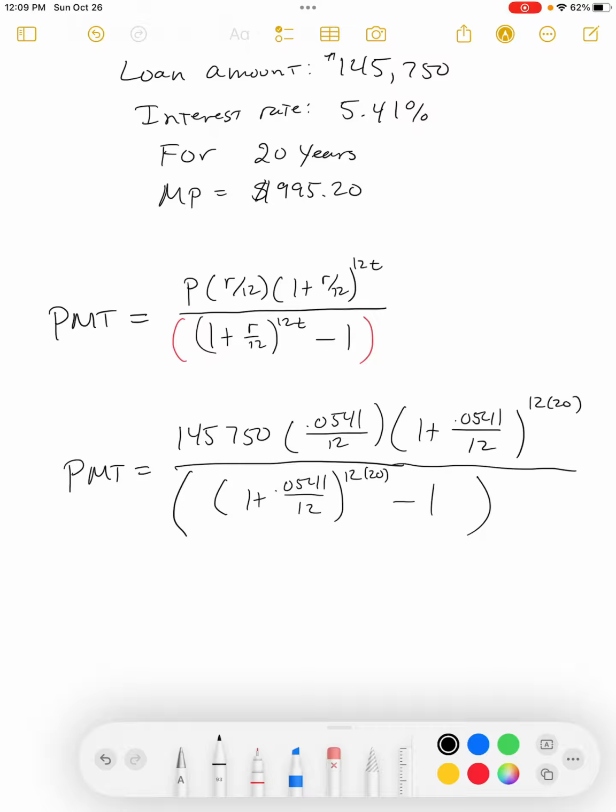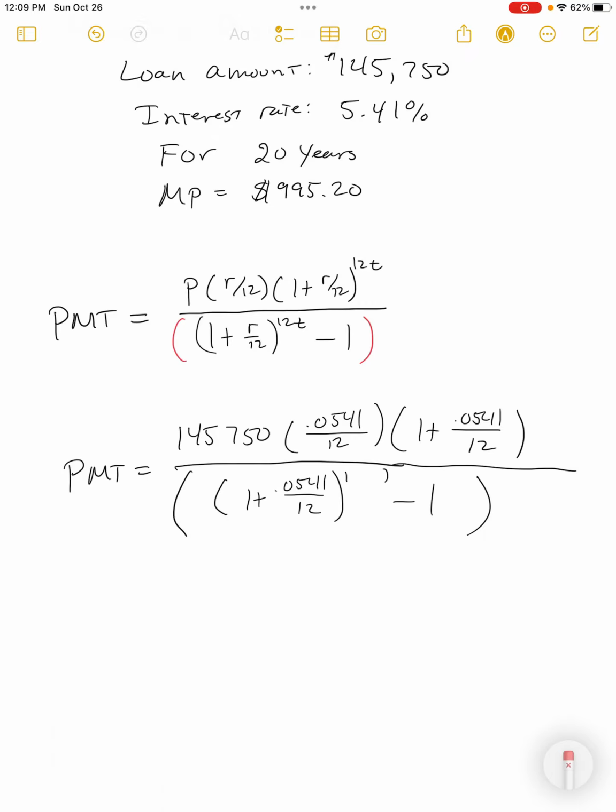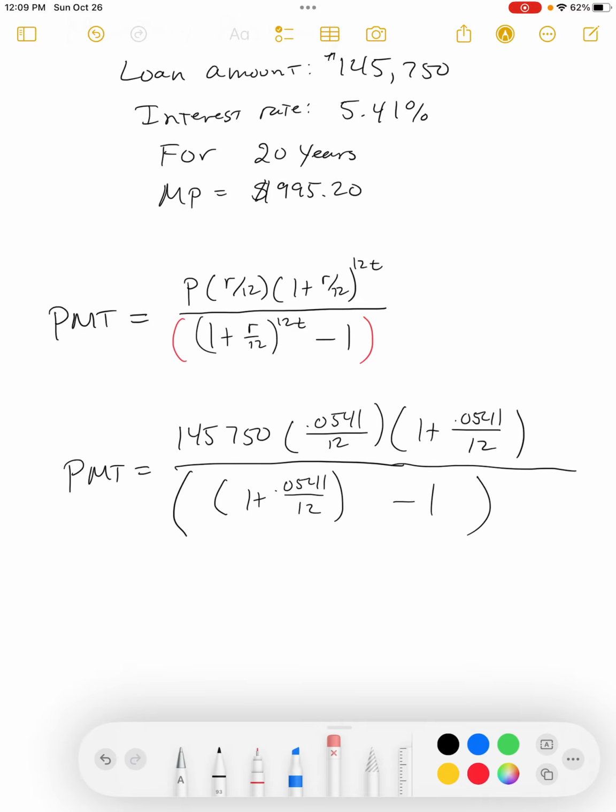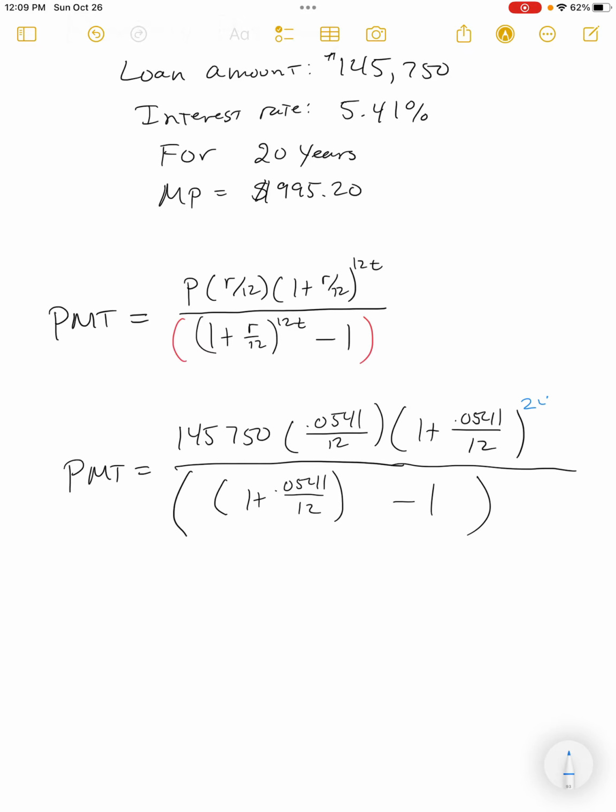So on our calculator, if we do 12 times 20, we'll get 240. So we're going to come in here and replace our 12 times 20s, and I'll put it in blue to highlight it, 240, would be what we would do before we ever put this into our calculator. Now we should be able to put it in our calculator exactly how we read it. So we'll give it a shot and see what happens.